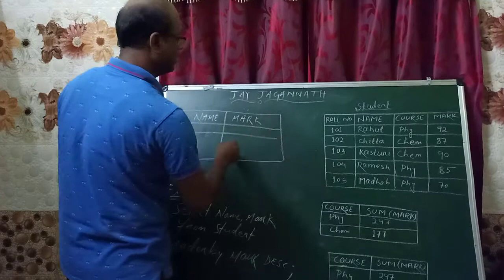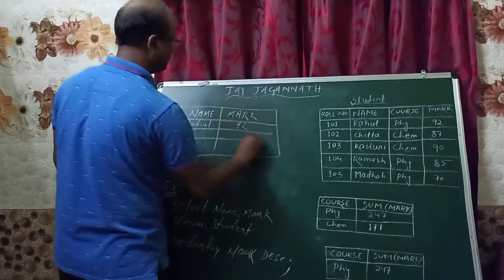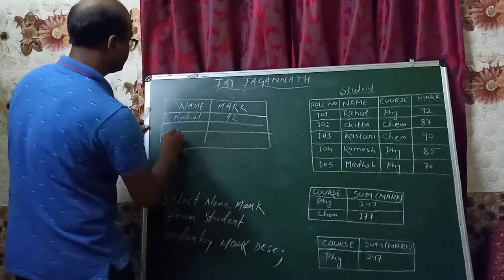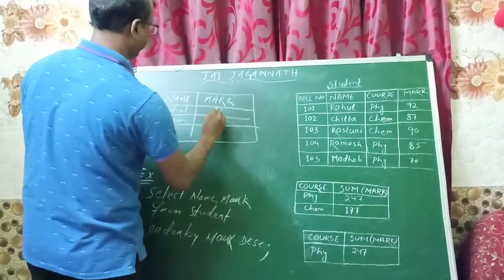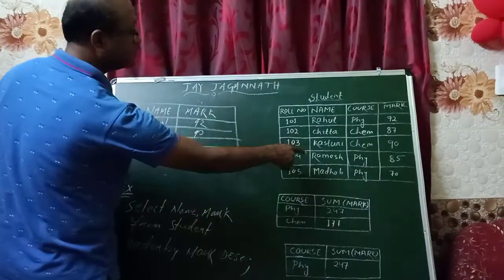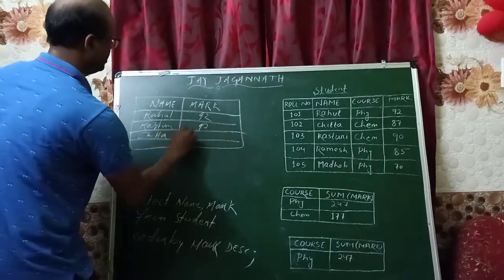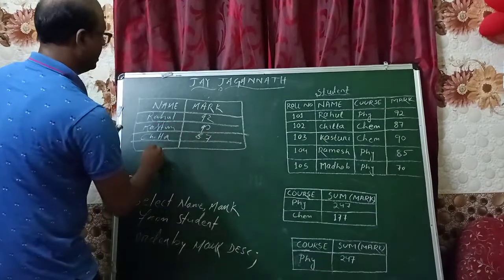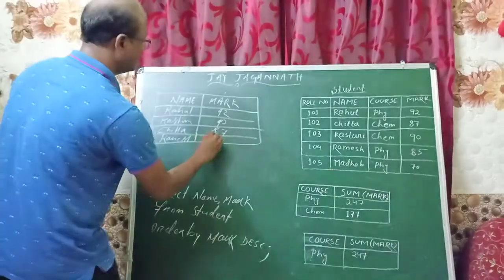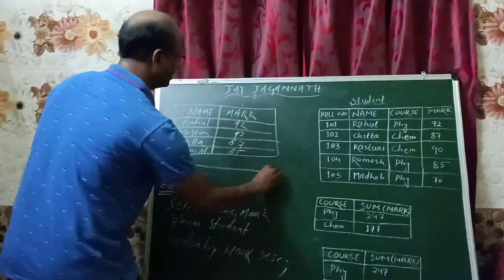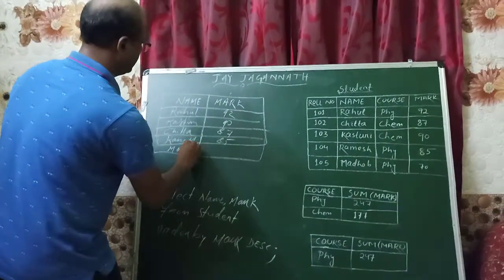First comes Rahul 92, then Kasturi 90, then 87 Sita, after that Ramesh 85, and last one is Madhav 70.